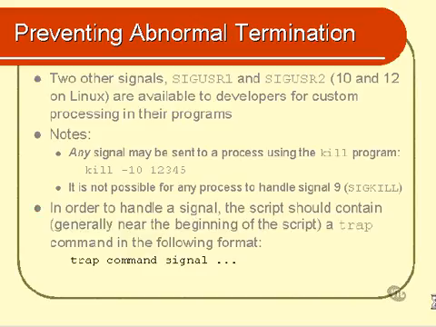You specify as the first parameter the command that should be run upon receipt of the signal that you specify. And then you specify the signal or signals. You can actually specify several signals on the one trap command line, and the same command that you specify will be run upon receipt of any of those signals.